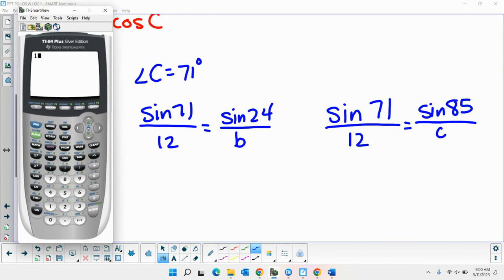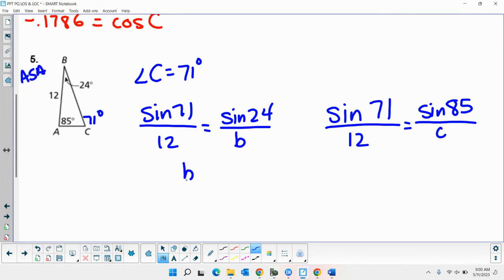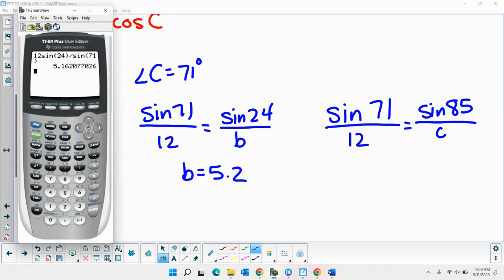So 12 sine 24 divided by sine 71. And B is 5.2, which would be down here. And then this one, second enter. Then I don't have to type it all in again, and it's hit an 85 now.